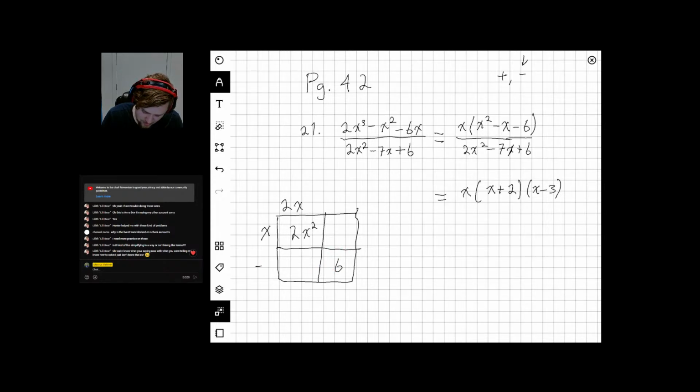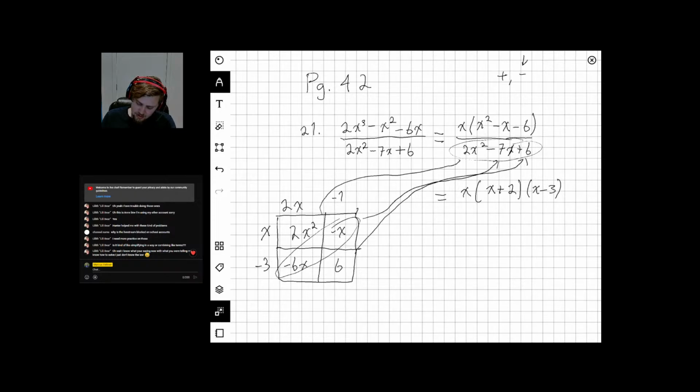So I can do negative 3, which gives me negative 6x, and negative 1, negative x. It may take you a few tries, right? I can just kind of see these because I'm doing it a lot, okay? So I've got a factoring of this right here because this adds up to negative 7x, positive 6, 2x squared.